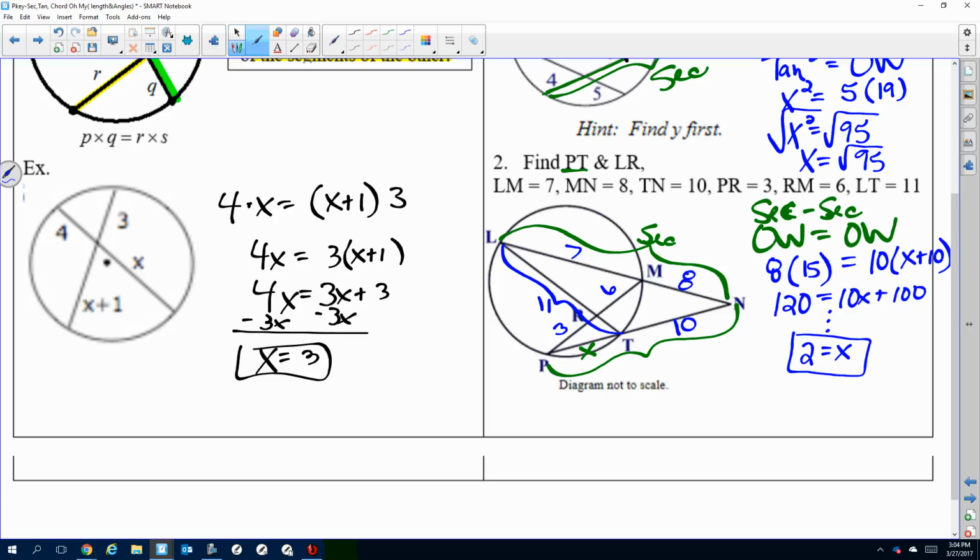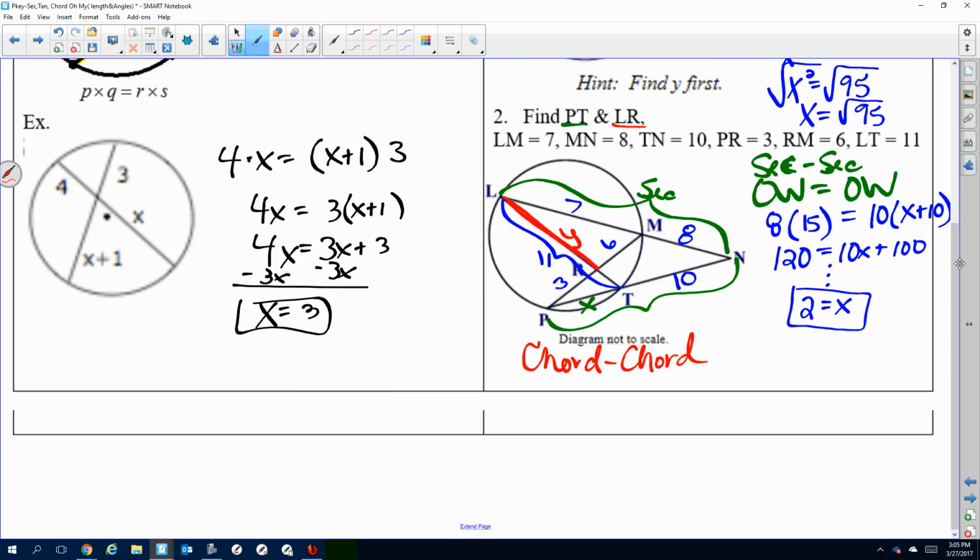Okay, now to find LR. LR is going to be my y. That is this part of a chord. Which chord could I use? LT. To do chords, you need two parts of two chords that intersect each other. Well, LT intersects PM.